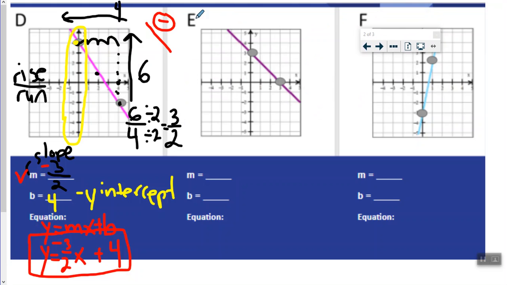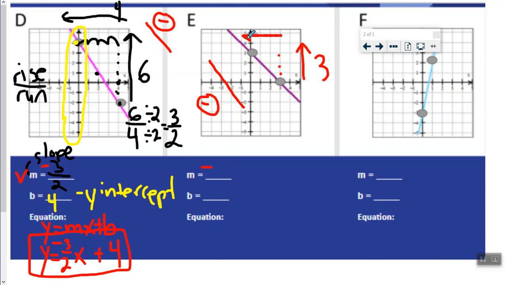Okay, now let's do E. Look over here again. The line is like this. That means the slope is negative. So my slope has to be a negative number. Okay, let's start here and count up. 1, 2, 3.